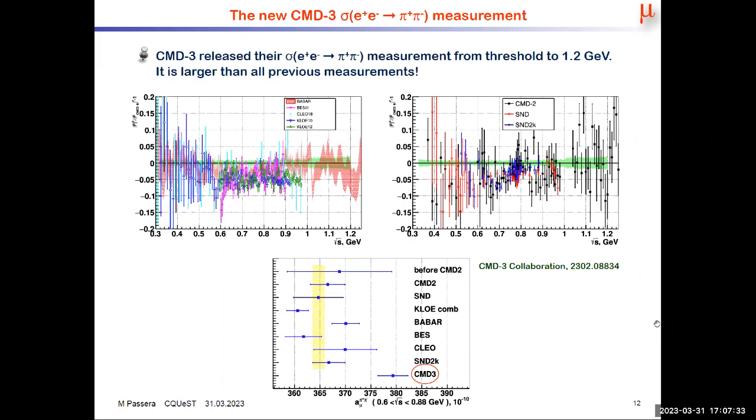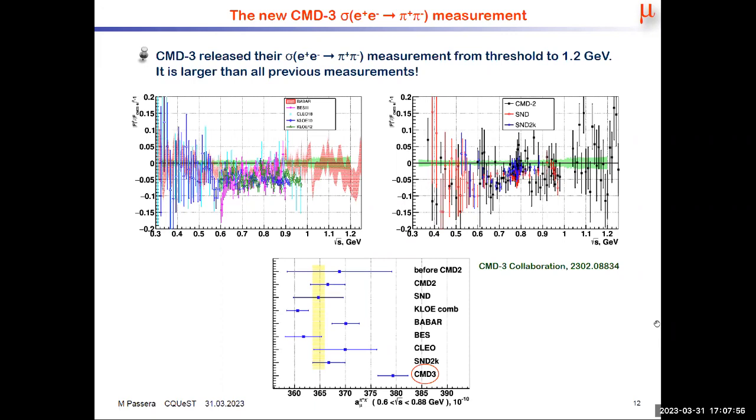So you see, the green band that you see here is the CMD3 fit. And this is a comparison with the initial state radiation method, so the experiments like KLOE, BaBar, BESIII, and Belle. And as you see here, the green band is clearly higher.